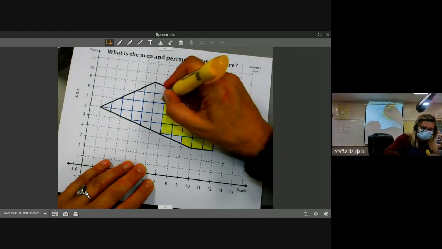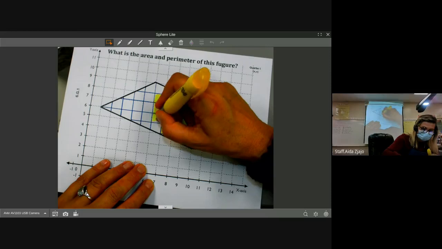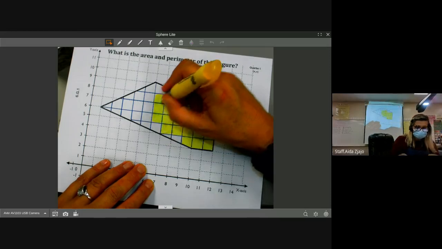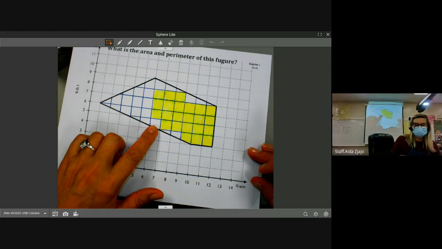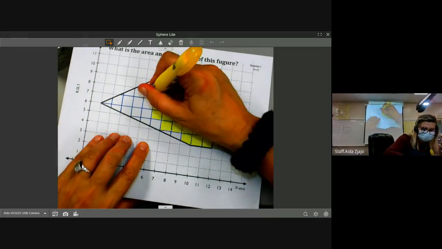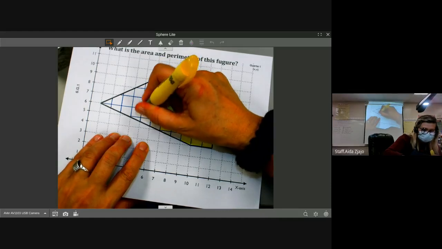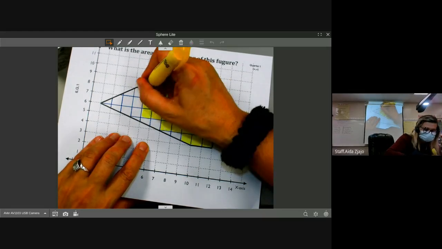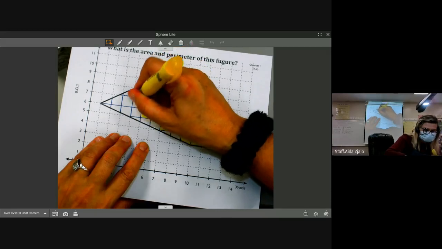Okay. So I keep finding my whole squares. Please do not color the ones that are not whole. You're just going to find the whole squares, not the partial squares, just the whole squares that are in there.